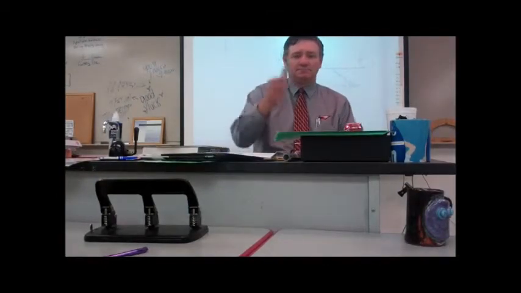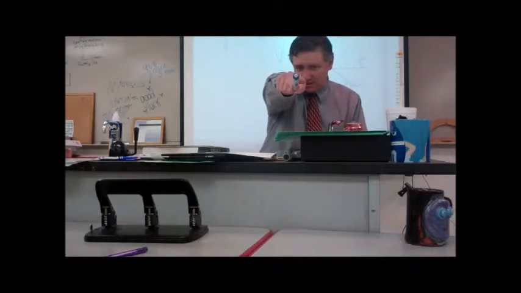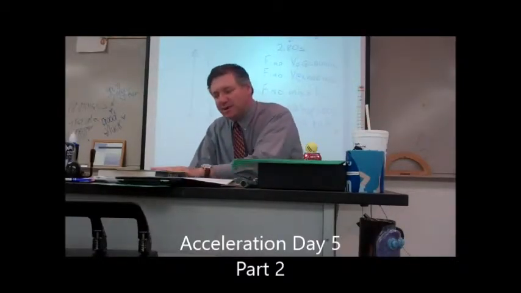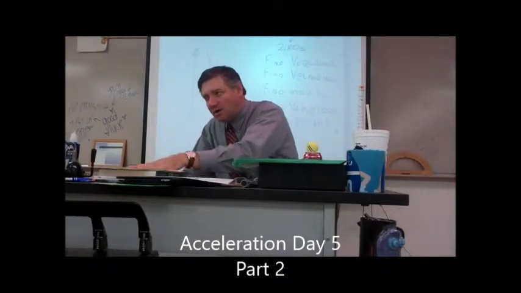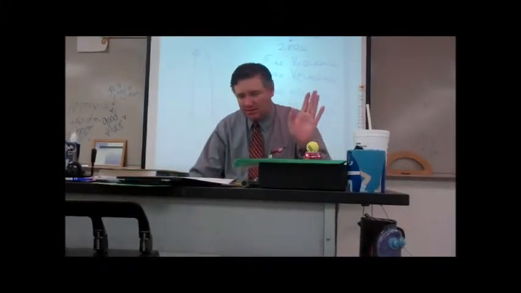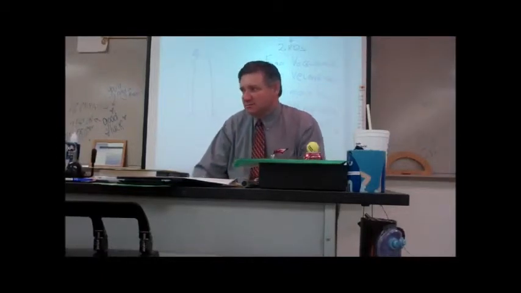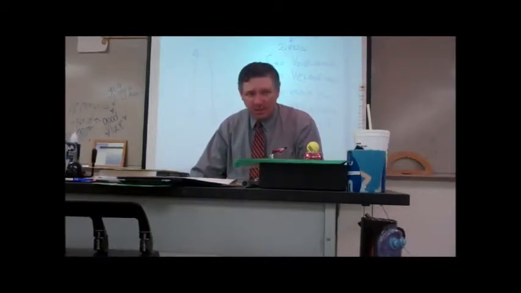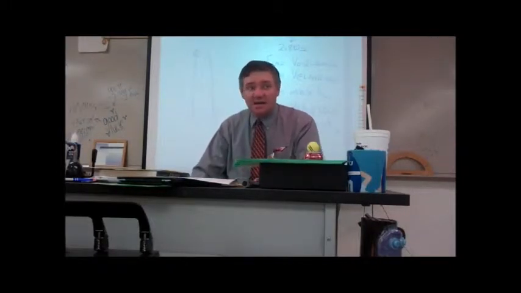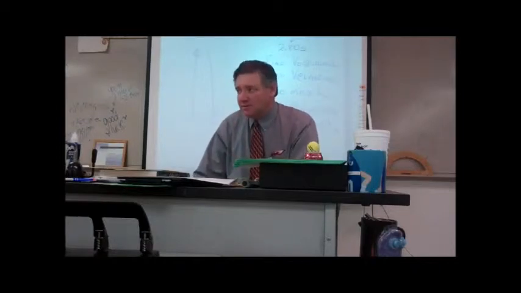Okay, so, Lauren, can you stop that for just a second? Now, here's another thing after looking at some of your papers. All of your answers should have at least 3 significant digits. When I typed up all of these values, I gave you a minimum of 3 significant digits in every value that I gave you.